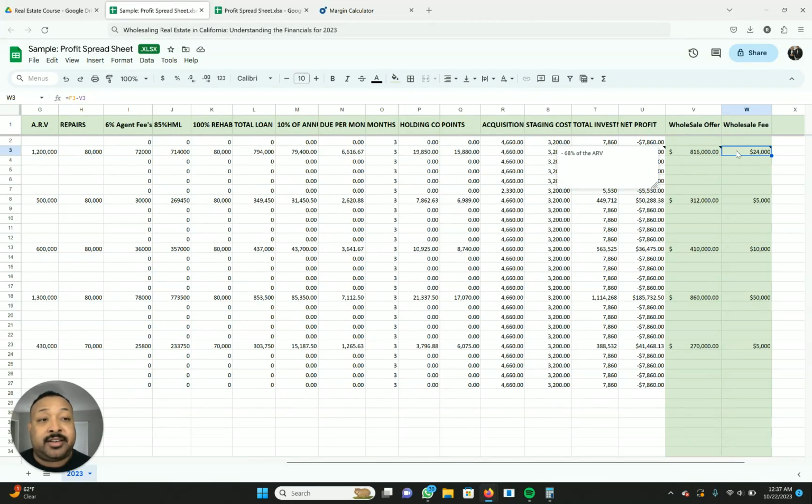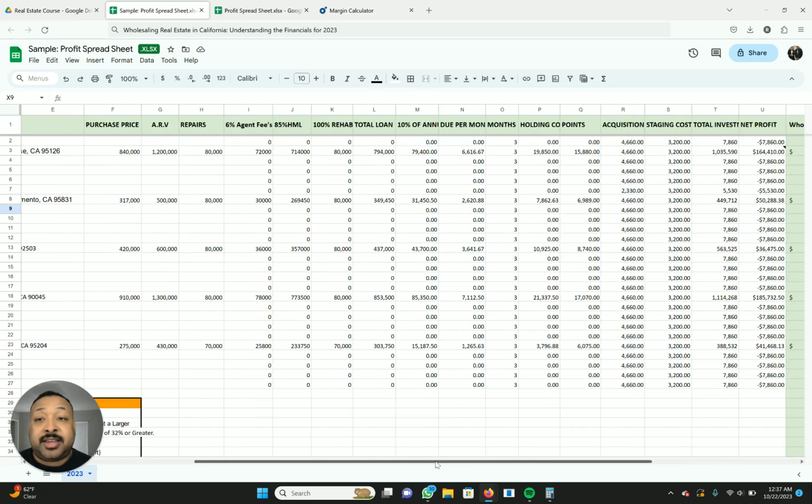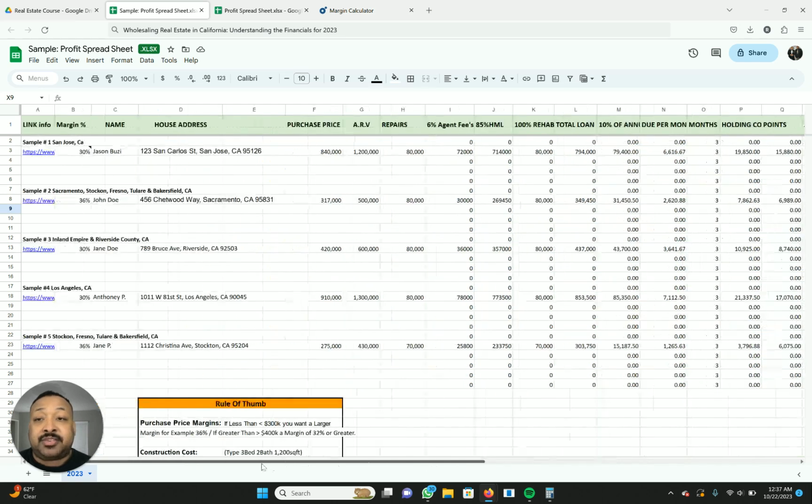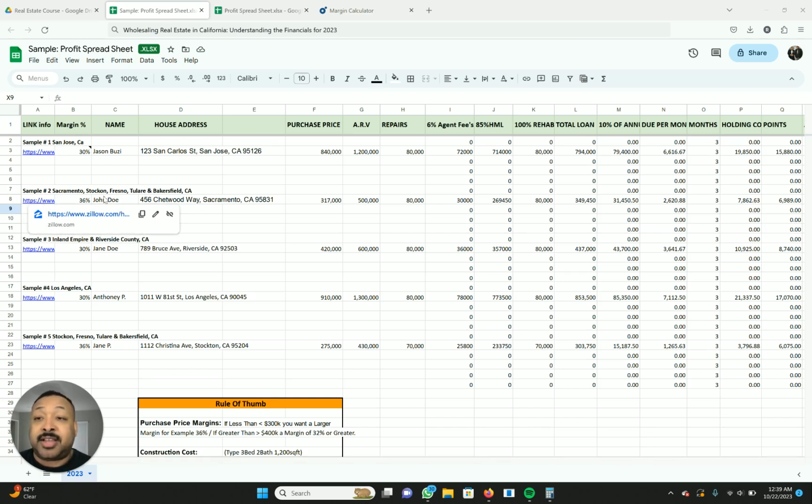Now is where things get a little bit tricky, when we start getting into the lower price ranges. And this is where this legend right here at the bottom is really going to help you out. If we go to another location in California, for example, Sacramento, I grouped some of these areas together: Sacramento, Stockton, Fresno, Tulare, and Bakersfield, because their median home price is averaging around $500,000.